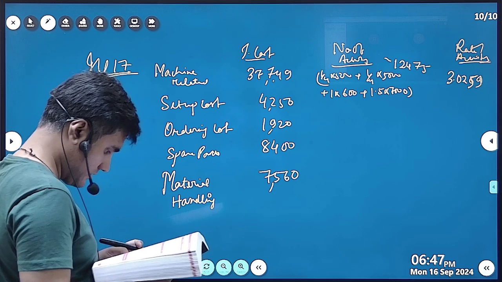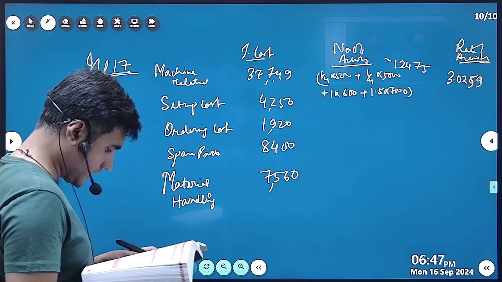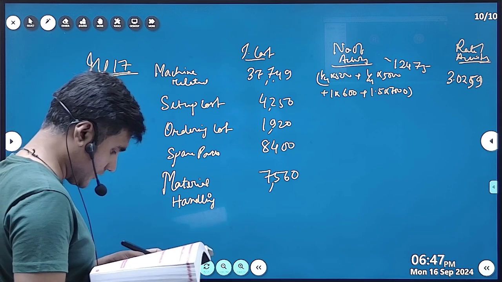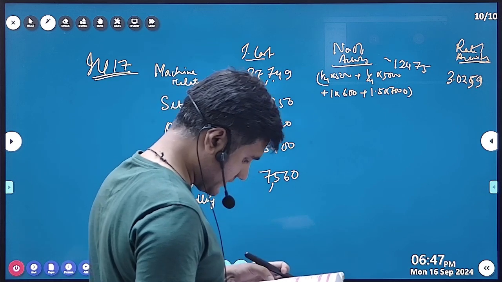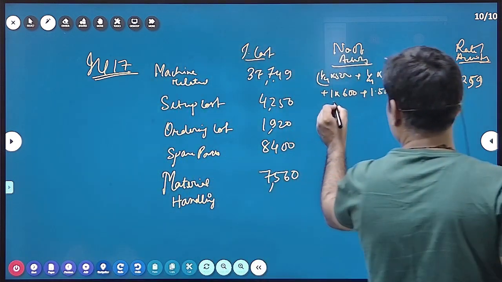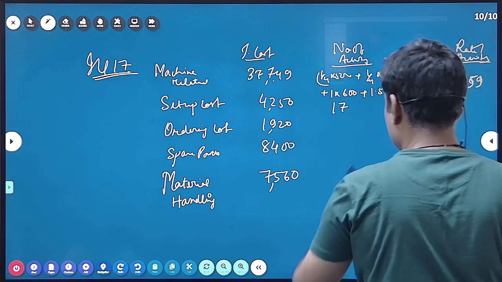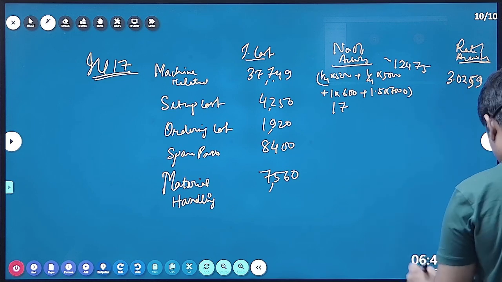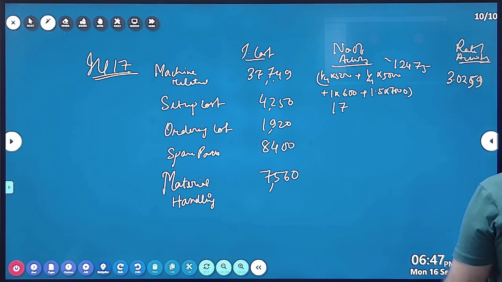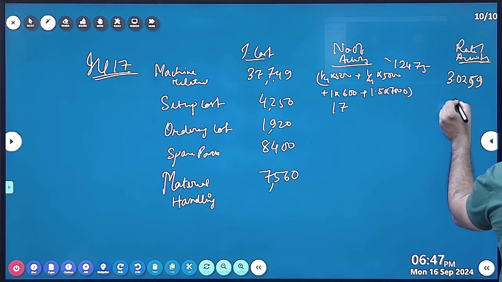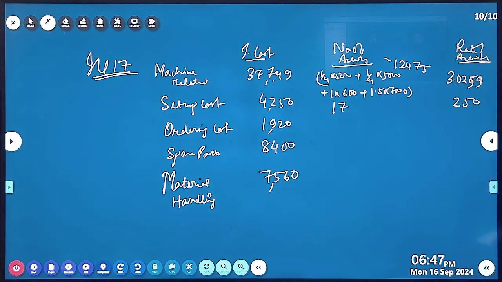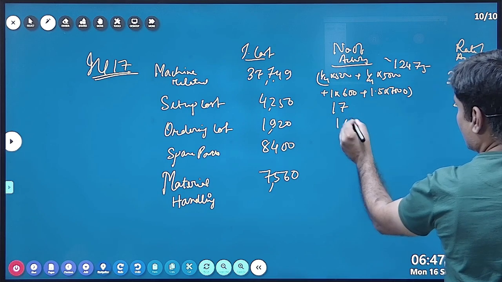Then setup cost. The production overhead activities for the period reveal the following: number of setups 6 plus 1, 7, 17. Total it is 17. So 4250 divided by 17, it will be 250. Then ordering cost is how much? Number of material orders 5, 5, 10. So it will be 192.